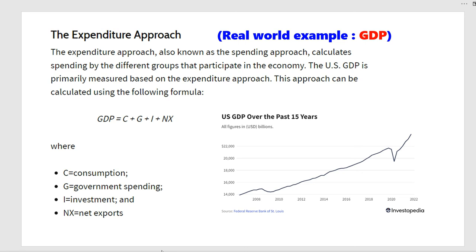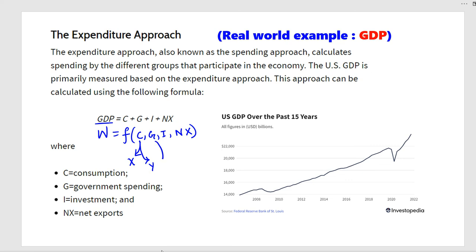Now, if you look at the function, for example, GDP, W, is a function f of C, G, I, and net NX. So there are four variables. In fact, C is again a function of some x, and this is also a function of y.